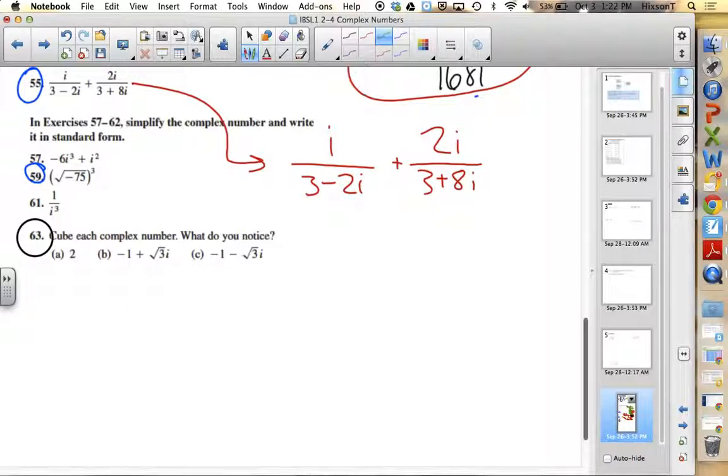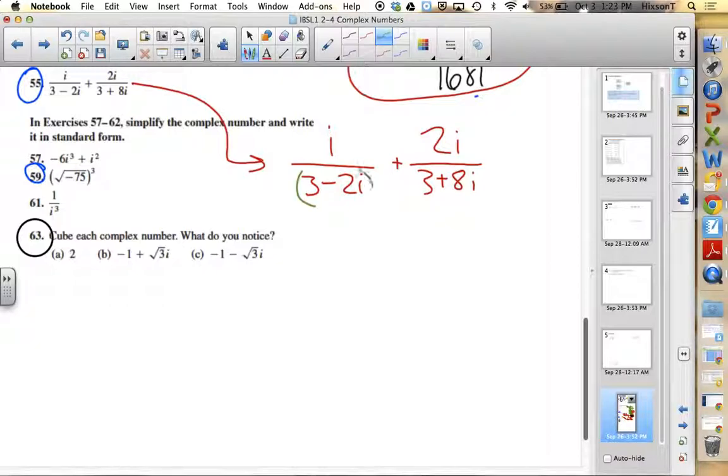Or you could get a common denominator first using the complex numbers, and then add. I'm going to do it the first way because I think that's a little easier.